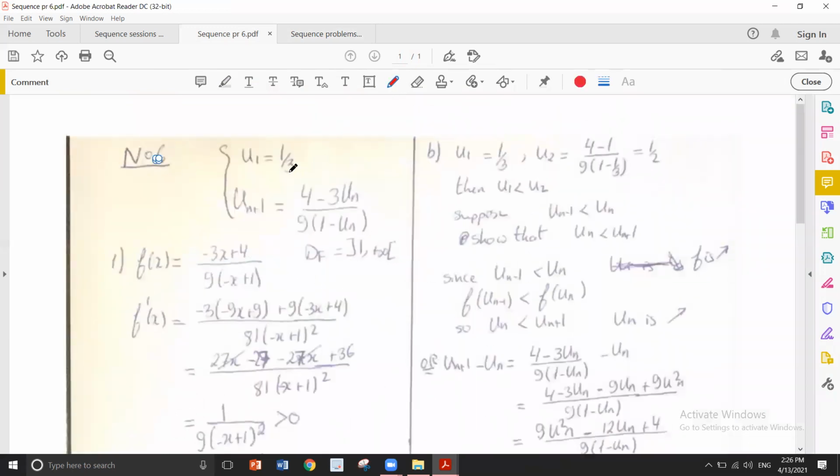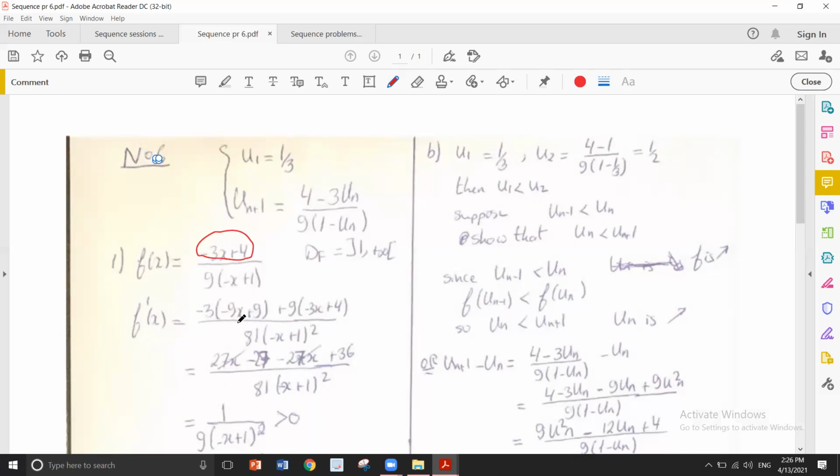Number 6, f of x equal minus 3x plus 4 over 9 into minus x plus 1. F prime of x is u prime v minus v prime u over v squared. This is u. U prime is minus 3, into v, which is minus 9x plus 9, minus v prime. V prime is minus 9, times minus 3x plus 4, over 81 into minus x plus 1 squared, over v squared.